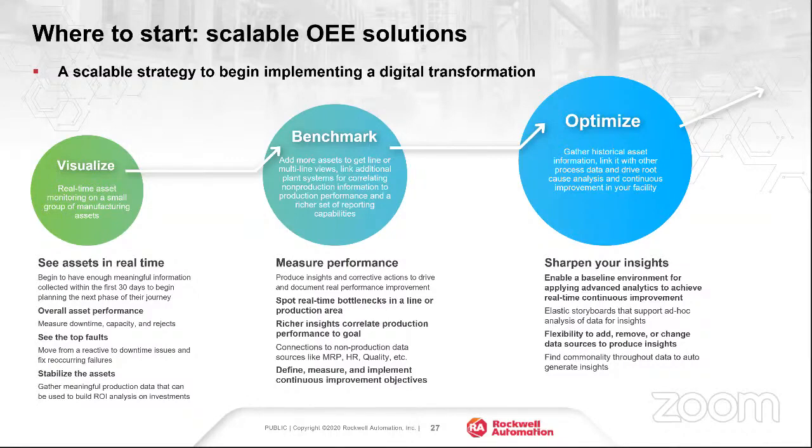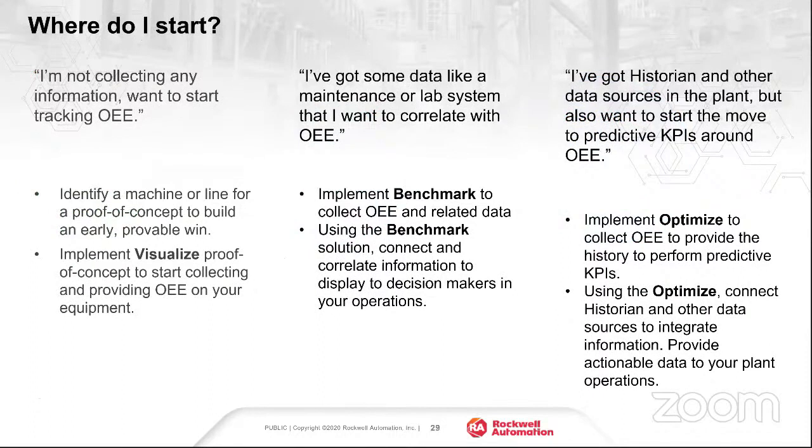And your question was right on time, because here we talk about where do I start, right? I am not collecting any information, I want to start tracking OEE. If your plant or your customer, the end user customer, is at this level, you basically start by identifying a machine or a line for a proof of concept to build an early provable win.